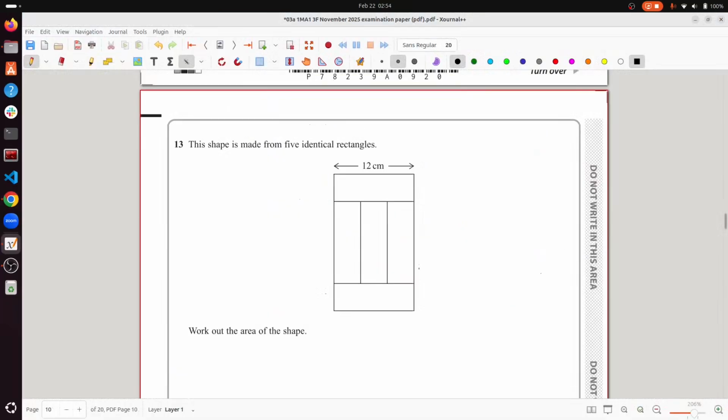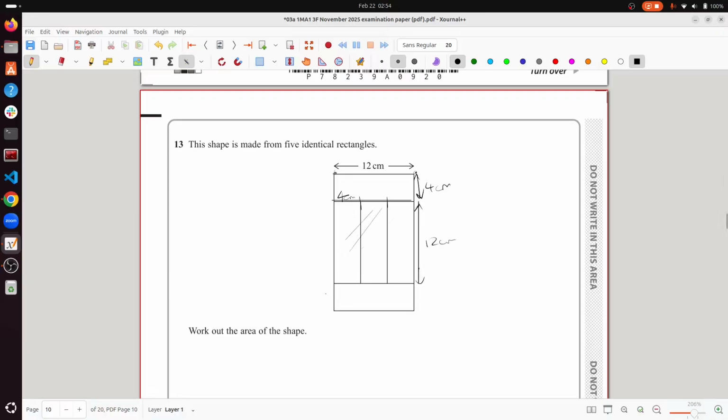Okay, so for number 13, this shape is made from 5 identical rectangles. Since they are identical, we know that from this point to this point is 12, and that means they're divided into 3 equal parts. So each of these is 4 cm. Now, all of this is 12, and all of this is 12 as well.